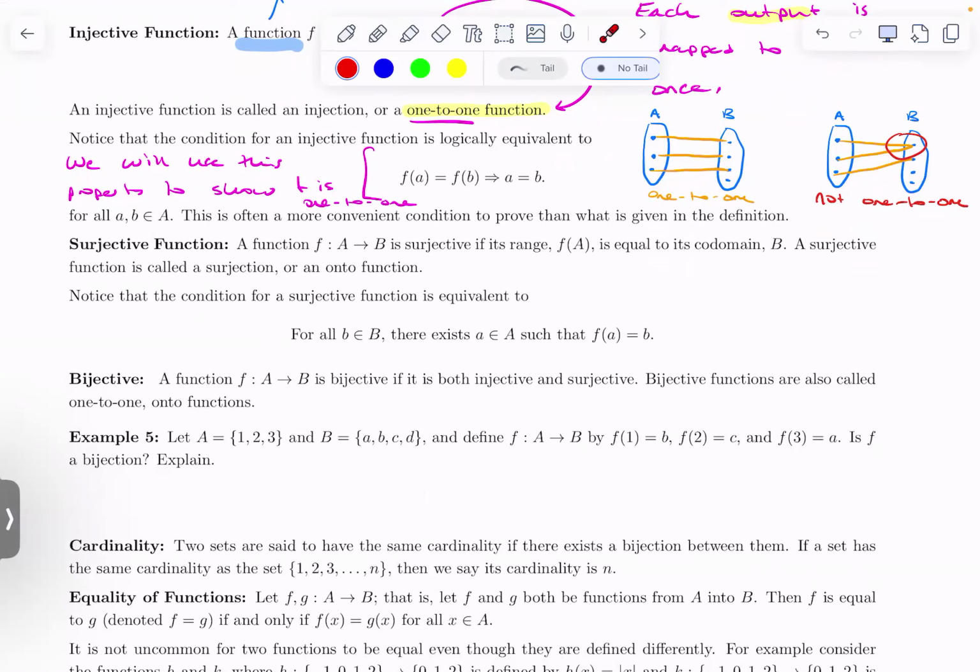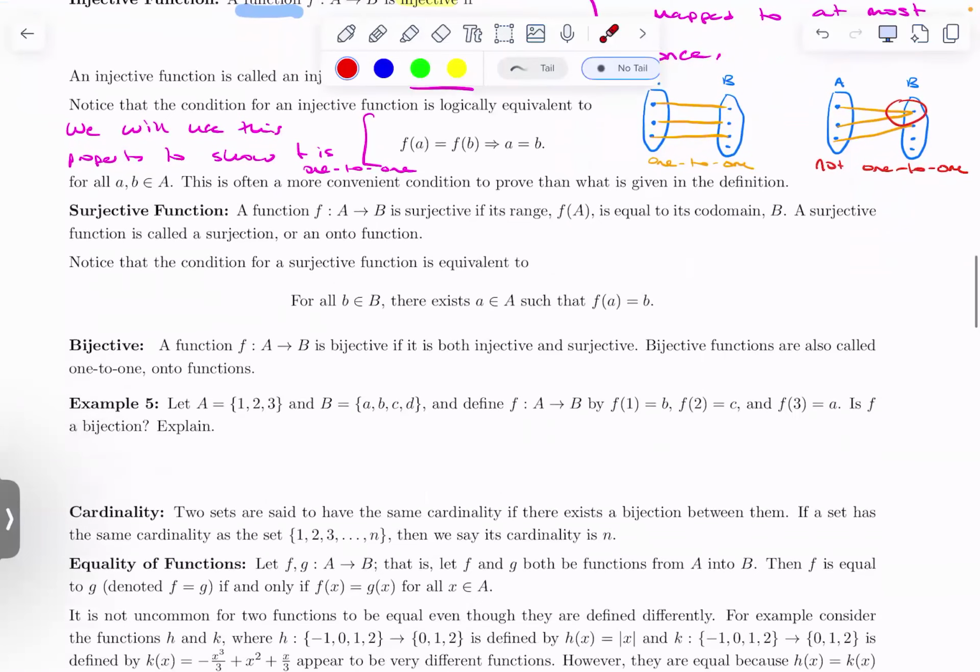But then he was like, well, we can always force a surjective function. So what is a surjective function? It is surjective if its range, f of A, is equal to its codomain, meaning there are no kind of free agents roaming around in there, right?